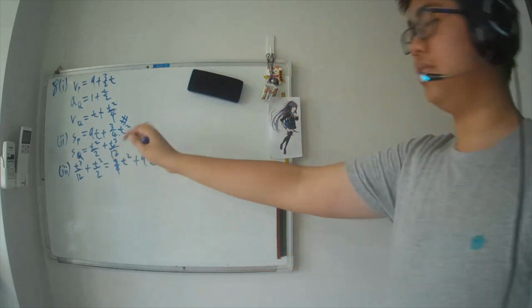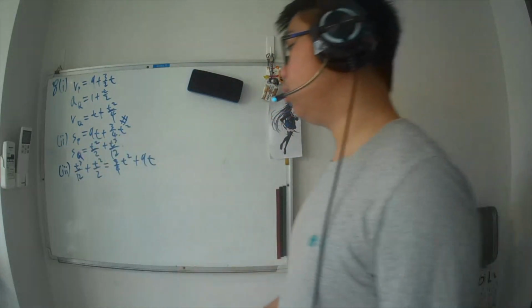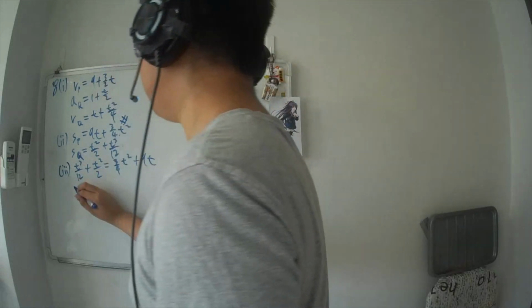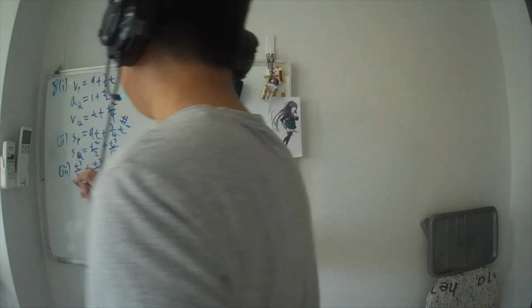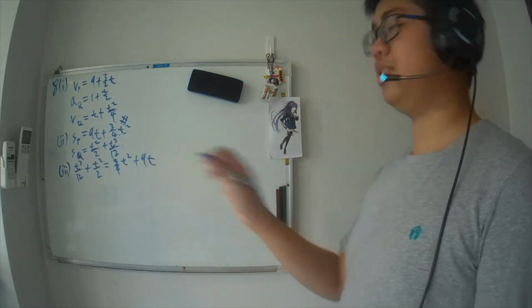I'm being a bit inconsistent with the way I write it here. This is the same as half t squared and 1 over 12 t cubed. Okay, so let's write it like this. Everything's in terms of t here, which means that there will be something I can factorize, right? I can factorize the t when this is done.